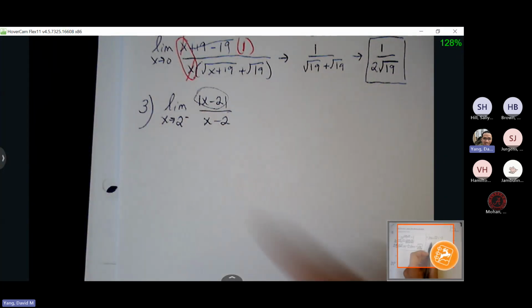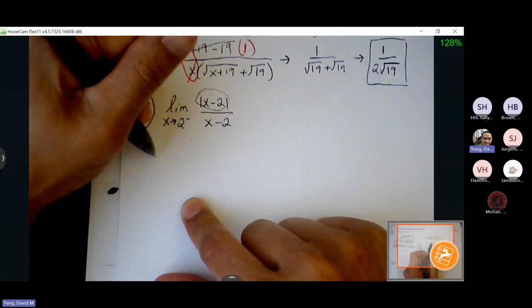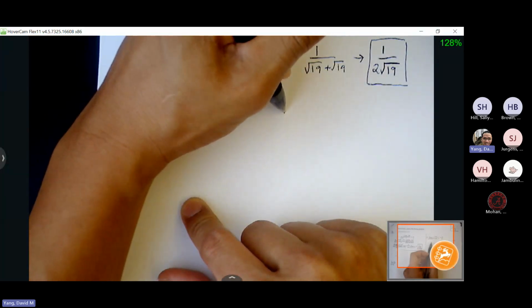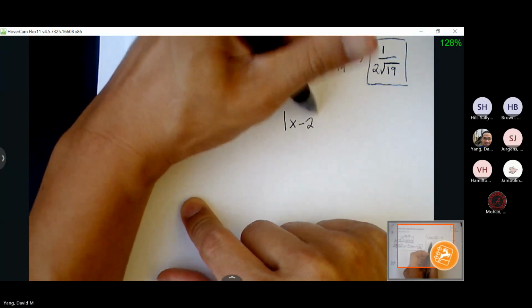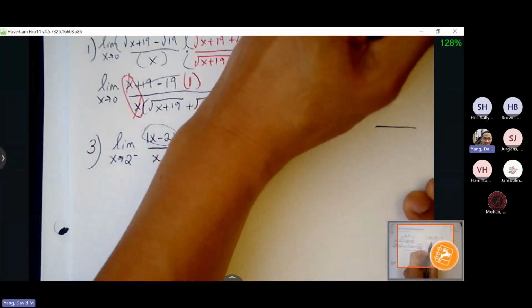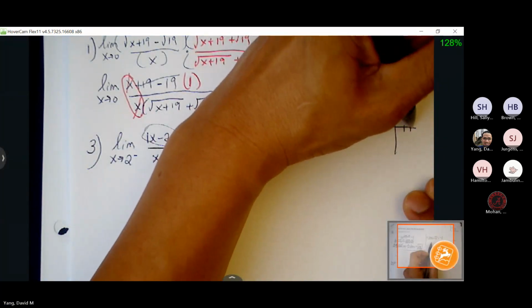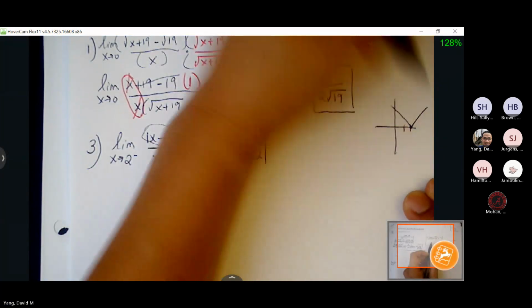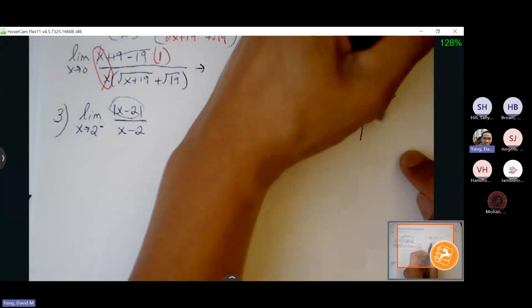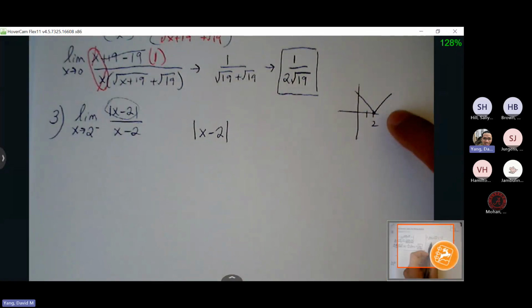of two linear graphs. So if we step to the side here and say, okay, we know that the absolute value of x minus 2 looks something like this. Basically, a vertex at x equals 2.